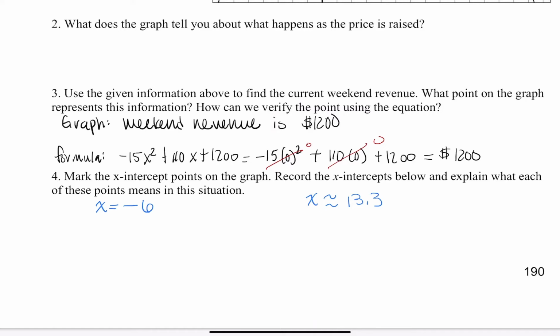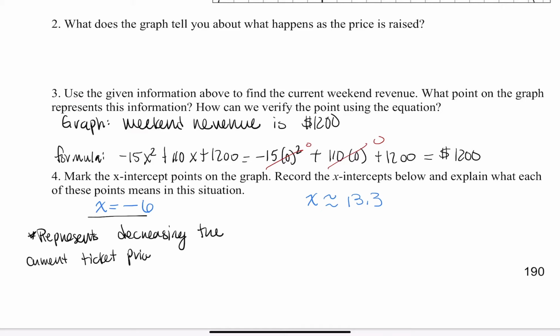So for x equals -$6, this represents decreasing the current ticket price from $6 to $0.